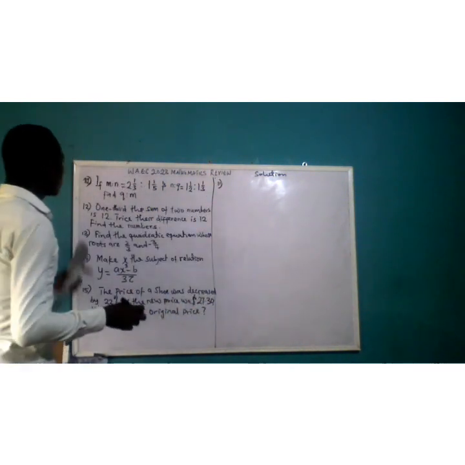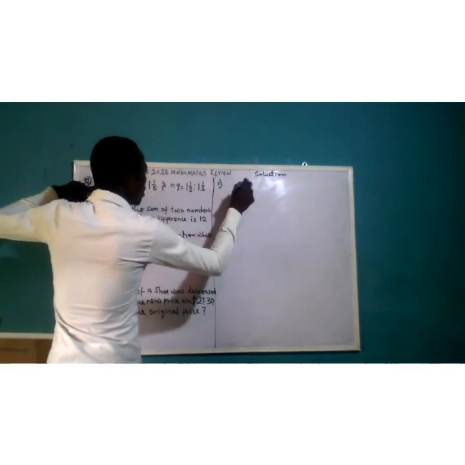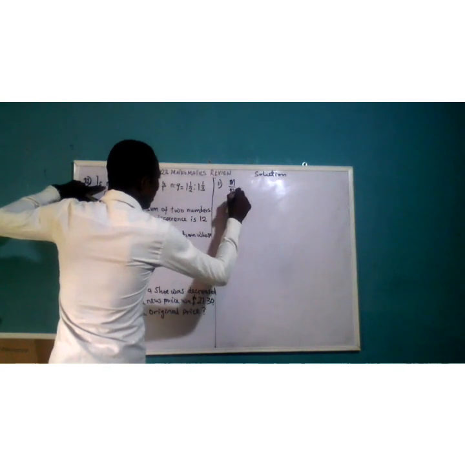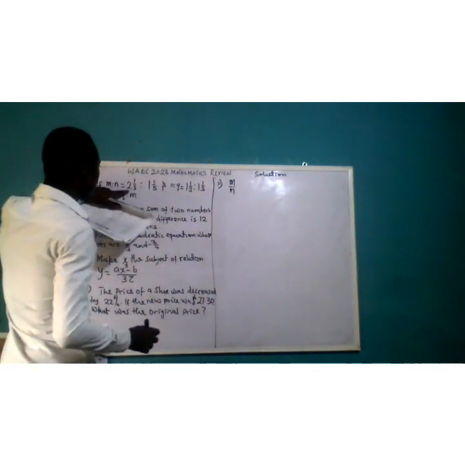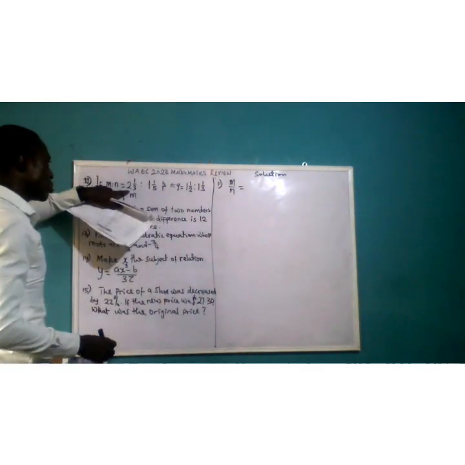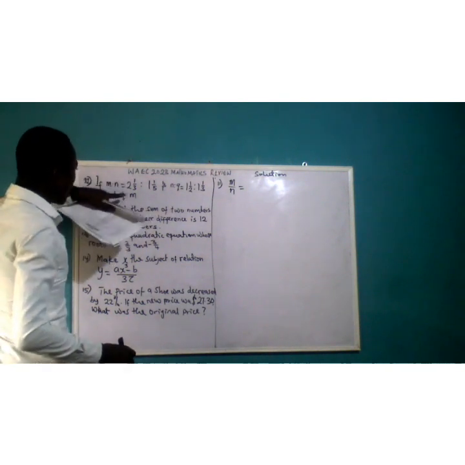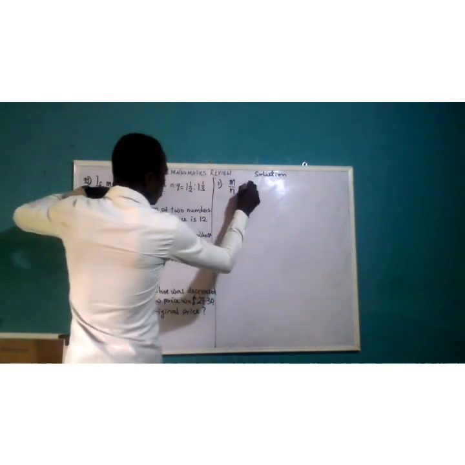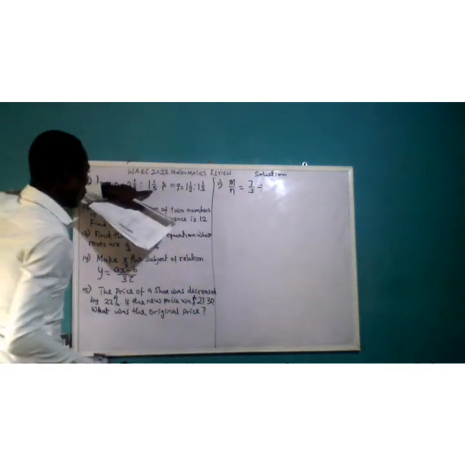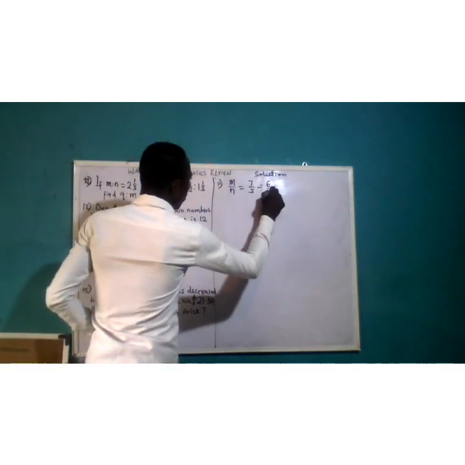Don't forget, ratio can still be expressed as division, so m ratio n will be restated as m divided by n, and this is equal to the mixed fractions converted to improper fractions. So you have 3 times 2 plus 1, that gives you 7 over 3, divided by 5 times 1 plus 1, that is 6 over 5.